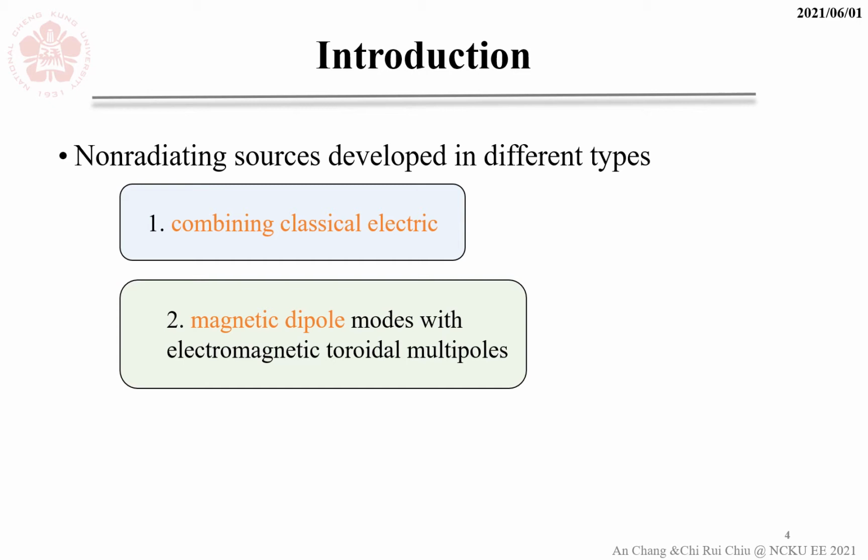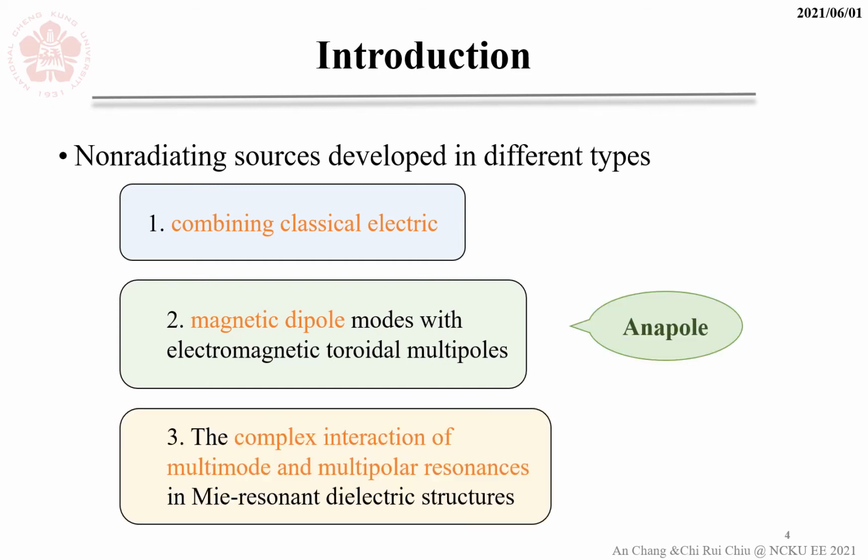We can also call it simply an anapole. Third, the complex interaction in many resonant dielectric structures can also support a different class of non-radiating state characterized by no energy leakage and spatially localized profiles. We can also call it a bound state in the continuum.